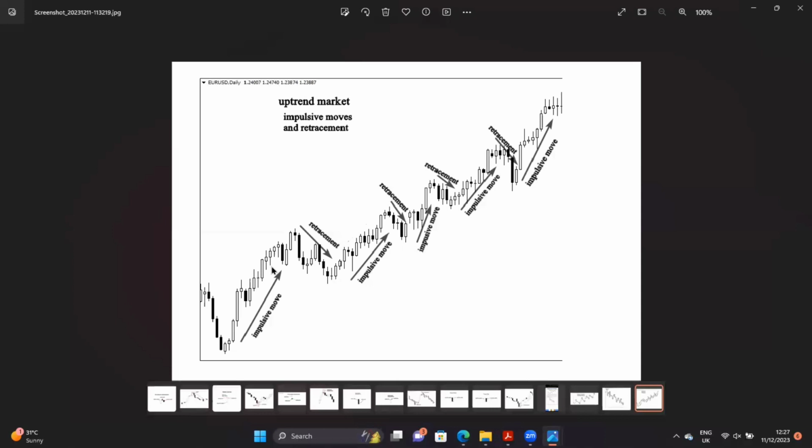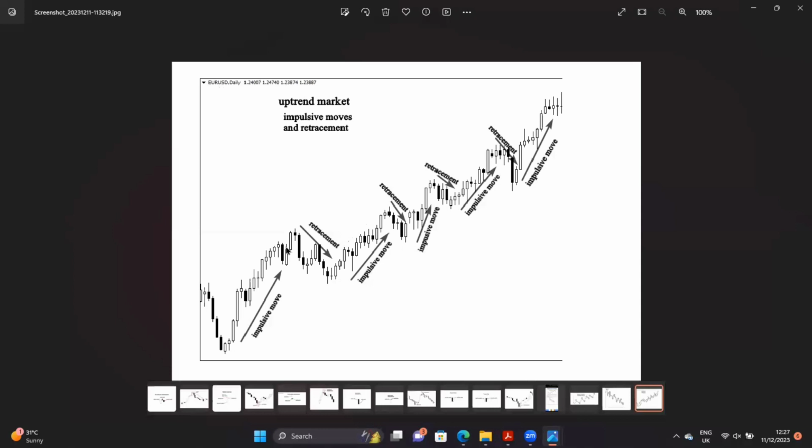Professional traders like you, of course, you're already a professional trader. For the very first time that you decided to be part of this environment, you became a professional. Professional traders understand how trending markets move. They buy at the beginning of an implosive move, that is, at the end of a retracement, to position for an implosive move.